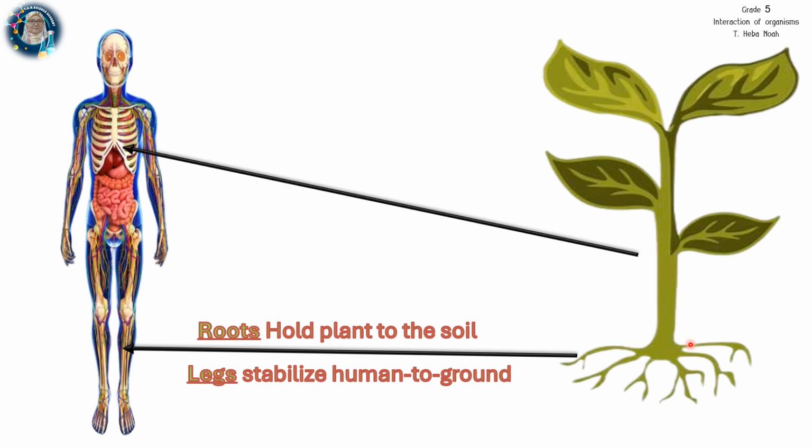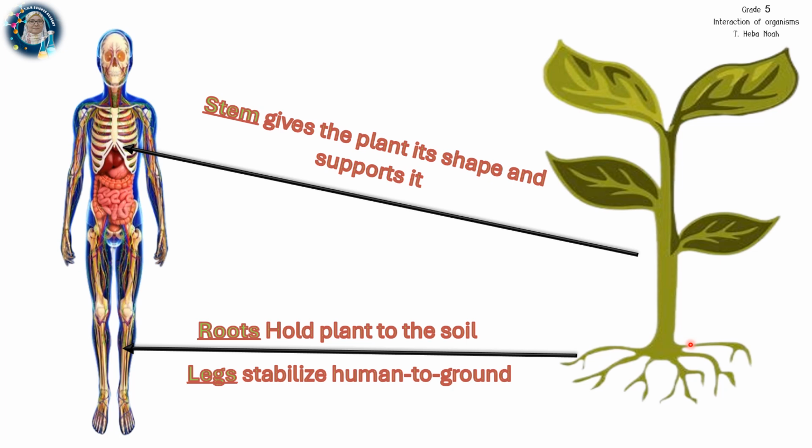طيب ايه تاني؟ The stem and the skeleton. Stem gives the plant its shape and support it. The one job of the stem. This is one job. Give the plant its shape and support the plant.